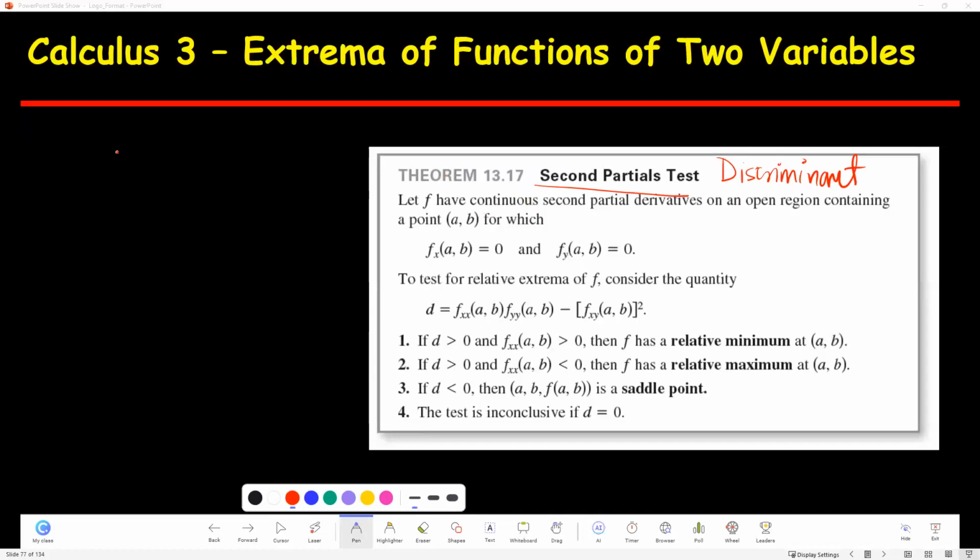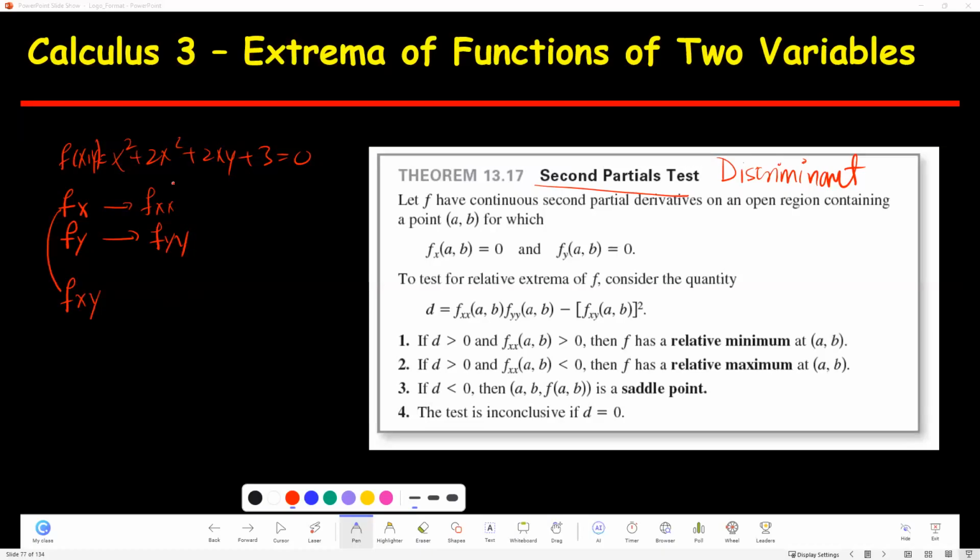So how does this look? You take the function. Let's suppose the function is x squared plus 2xy plus 3 equals 0. You call this function f of x,y. I take the second derivative with respect to x, then the second derivative with respect to y, then the mixed derivative with respect to x and y.